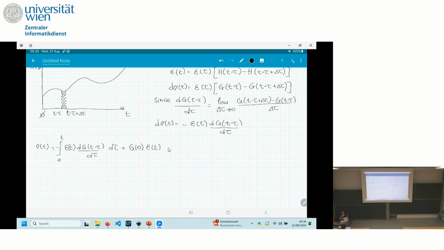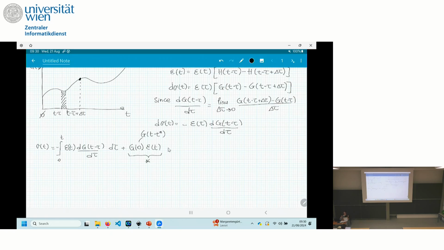So t minus t star, where t star is the time we want to compute the stress at, is going to be 0. So g of 0 times epsilon of t star. That's just the contribution of the time where we are computing.